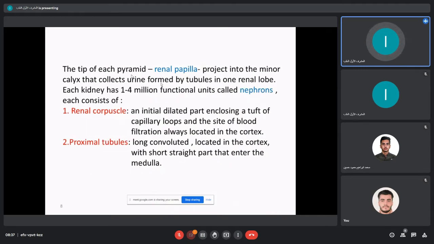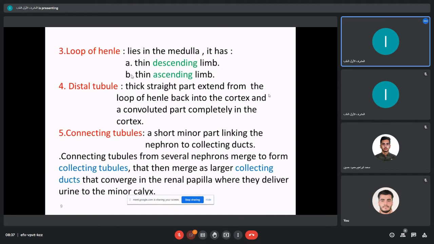The kidney consists of functional units that number from 1 to 4 million, and this number decreases in older individuals, especially in the presence of high blood pressure. Those functional units are called the nephrons, divided into 5 parts.